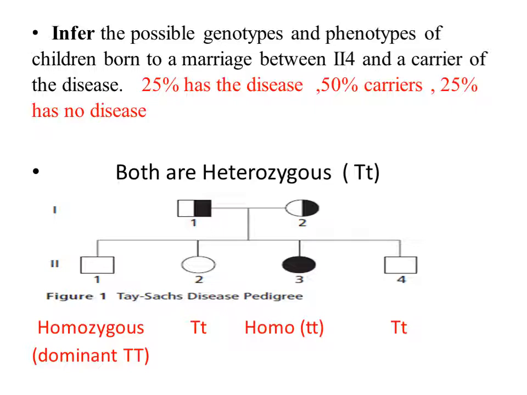When you see number 4 in generation 2, its genotype means it is a carrier. When it crosses with a carrier, they have the same sequence of offspring as in this pedigree chart. They will have 25% with the disease, 50% carriers, and 25% with no disease.